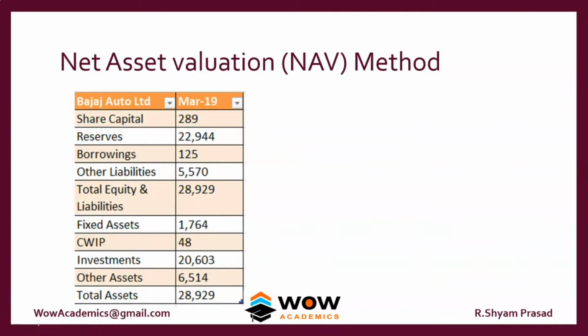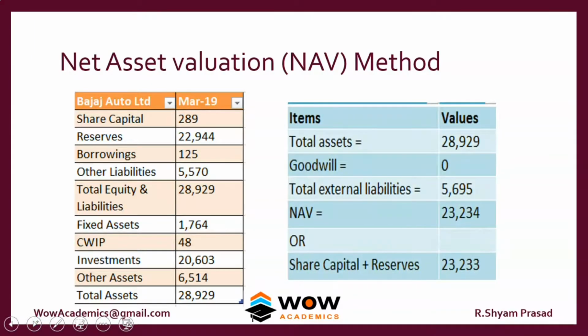So let's look at an example. This is an example of Bajaj Auto. Take the total assets of the company, which is 2,928,929. Then we have to check the goodwill and deduct it. Goodwill is not in this table, so we'll take it as 0.